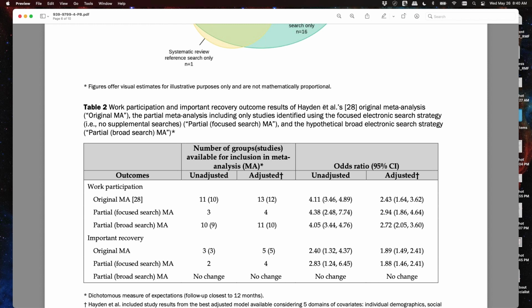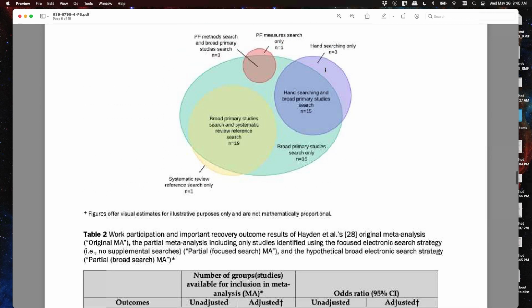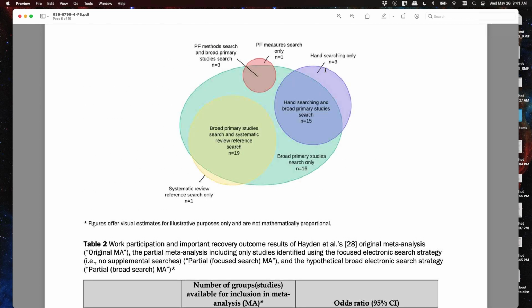I just thought about another thing that I find interesting, but it's probably hard to report or to even study. We know how big the search result would have been if they had done a broader search, but we do not know how much they had to screen for the supplementary search processes.